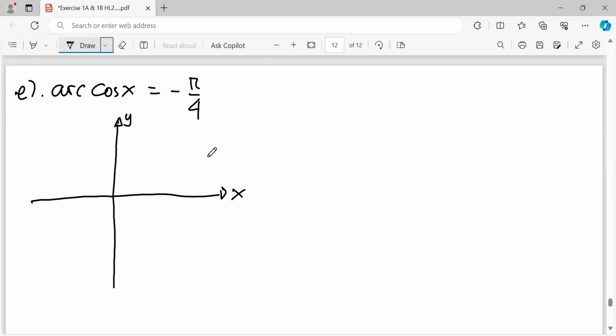Yes, now I have sketched this arc cosine x.